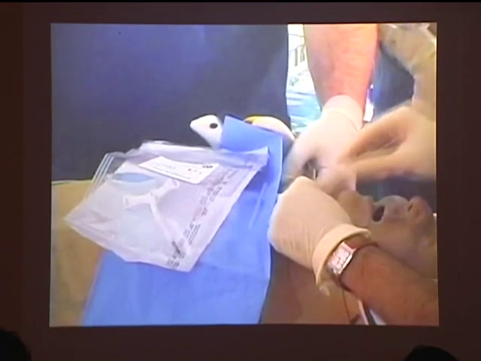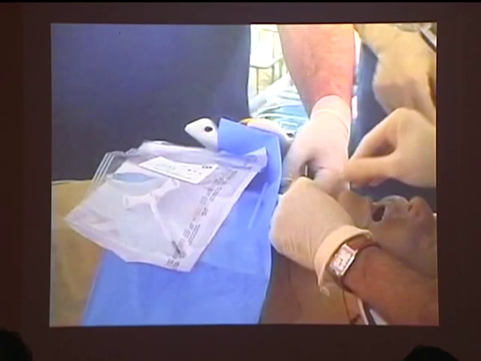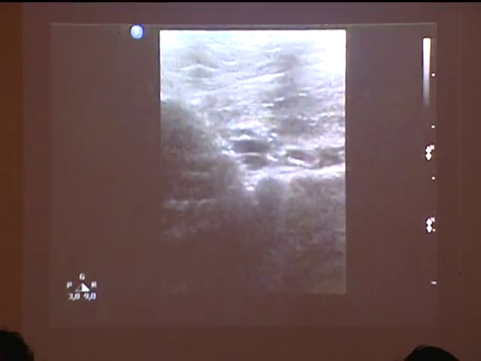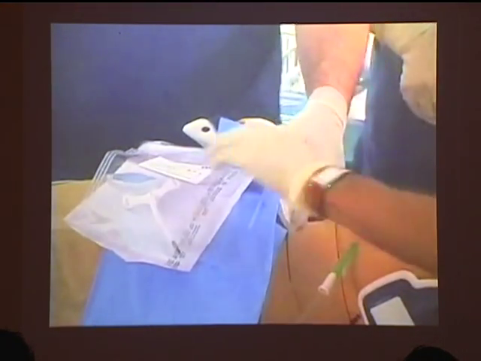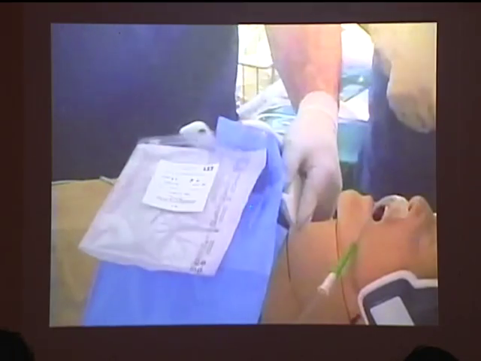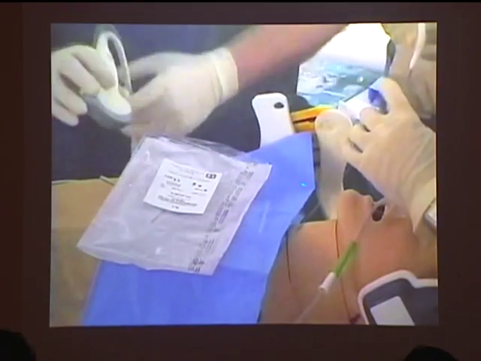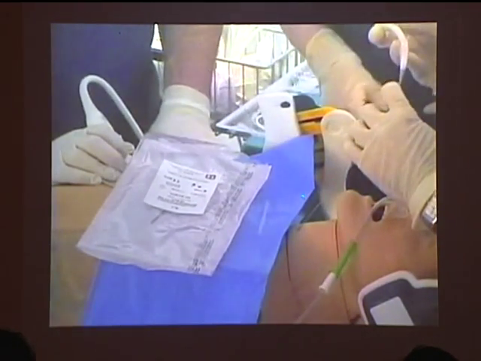Don't look to the sterility aspects because they are not the objective of this didactical movie. This is the longitudinal view that proves that we inserted the needle and then the rest of the catheter in the proper position.